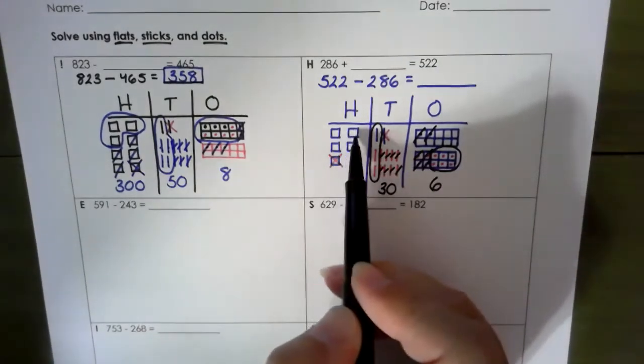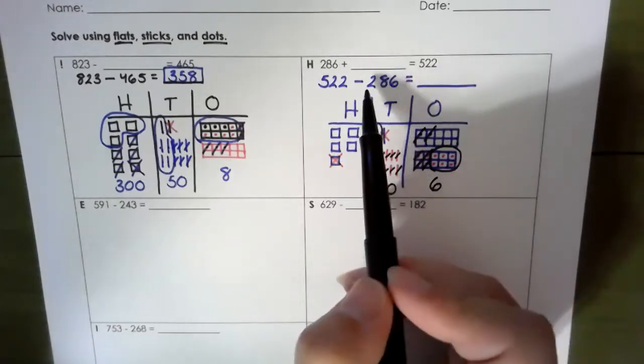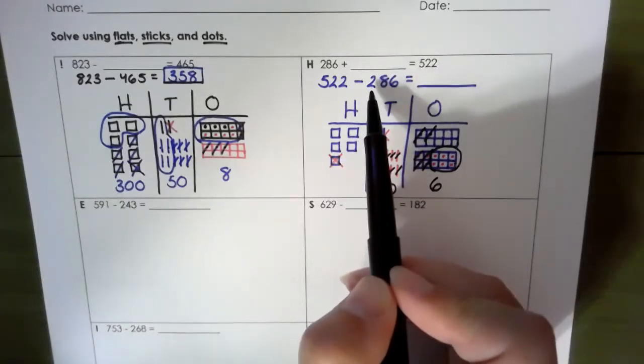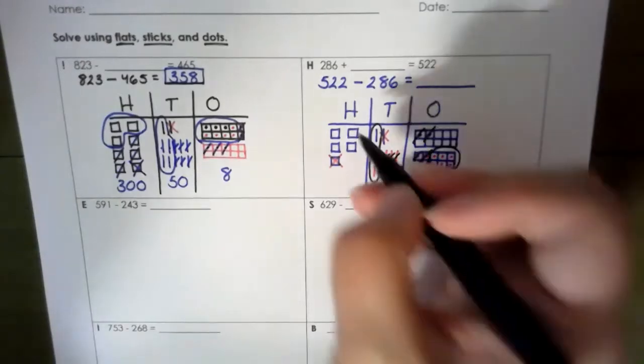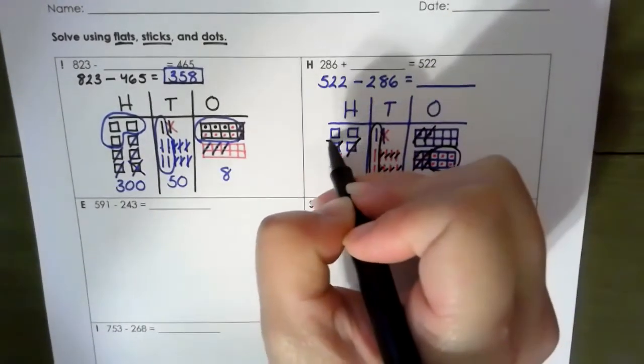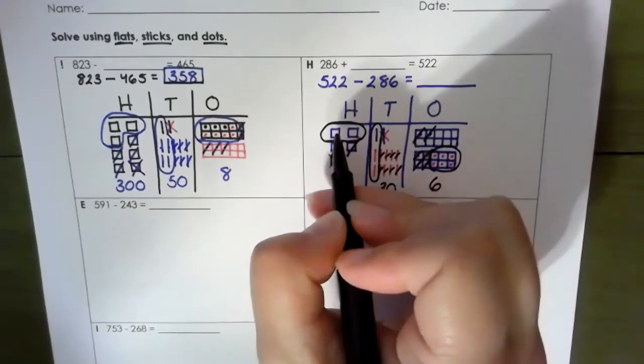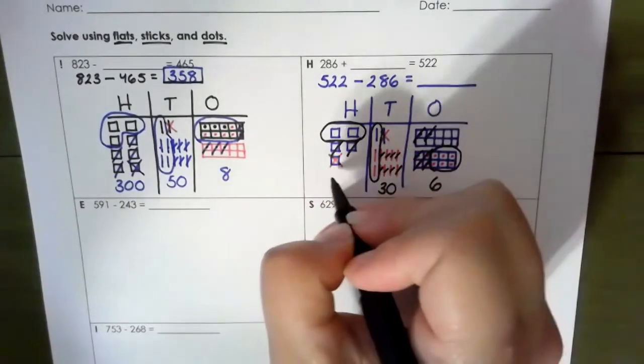Now we need to subtract the hundreds. We've already regrouped 1, so it's gone. How many hundreds do we need to subtract? That's right, 2. Cross them out. 1, 2. Circle the ones that are left. Count them by hundreds. 100, 200.